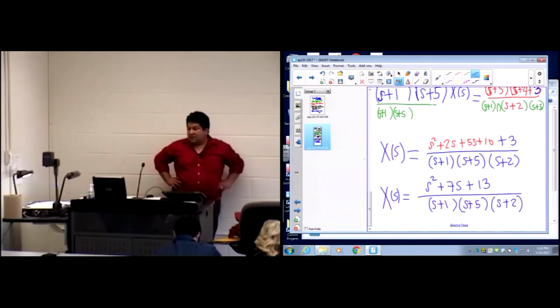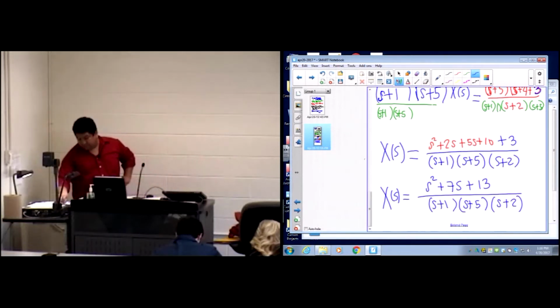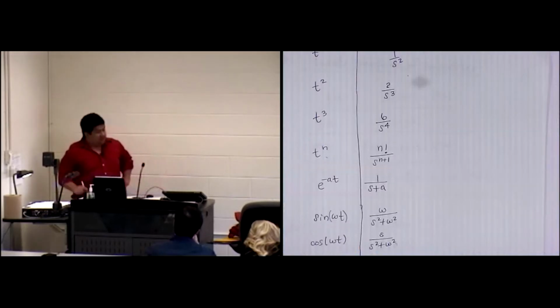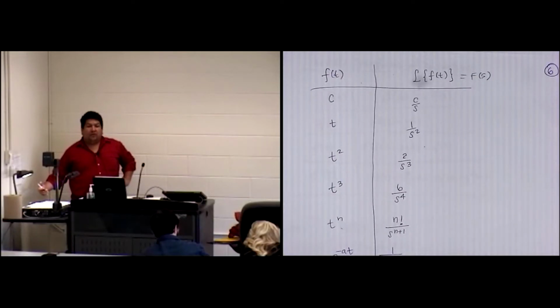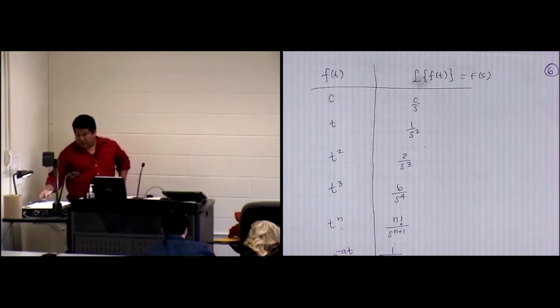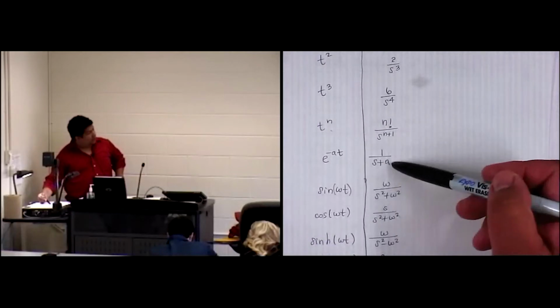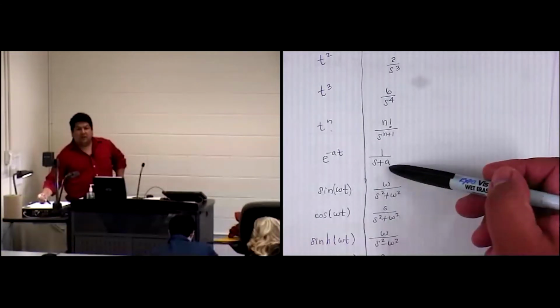And so it may be possible that the denominator I end up with is going to be of this type: something times 1 over s plus a, where a is to be determined. This is the type of thing you'd like to look for patterns in. When you're doing the partial fractions, maybe those denominators are of this type, s plus a in the denominator, or they may be of these other 2 types: s squared plus something squared, the sum of 2 squares, or the difference of 2 squares.